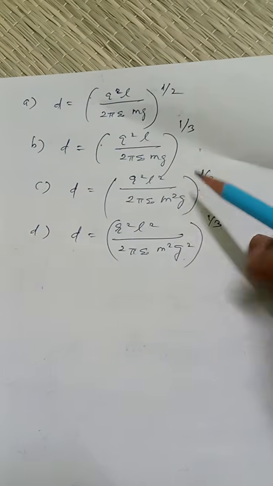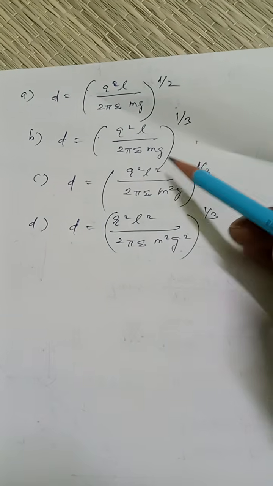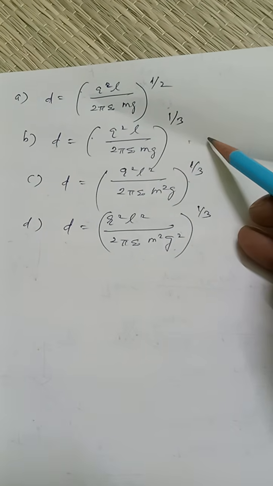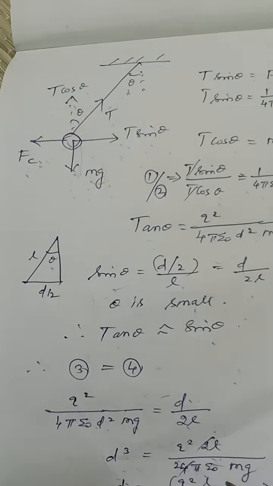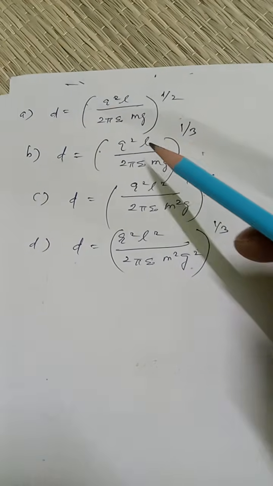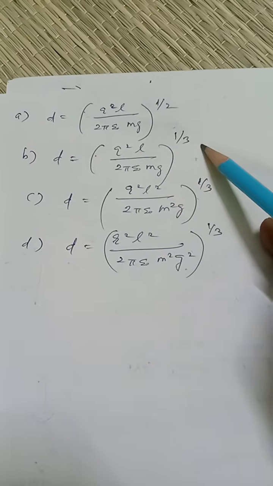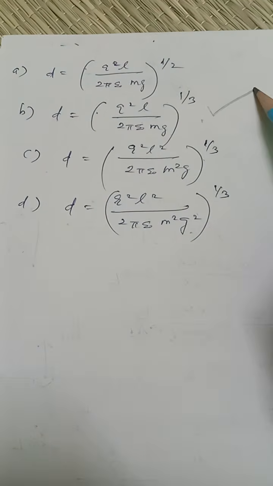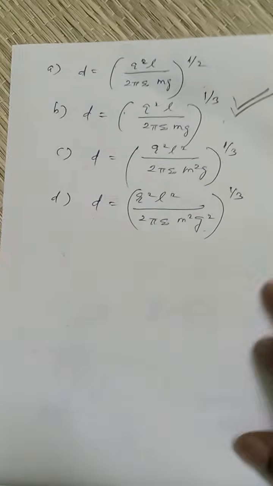Q squared l only, not l squared, l only. So d equal to q squared l by 2 pi epsilon naught mg power 1 by 3. This will be the answer for this question.